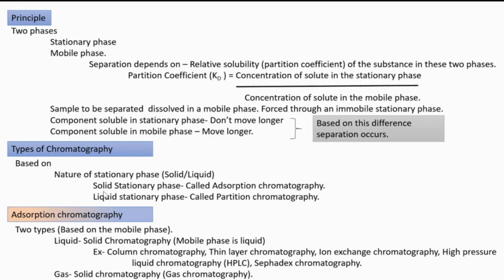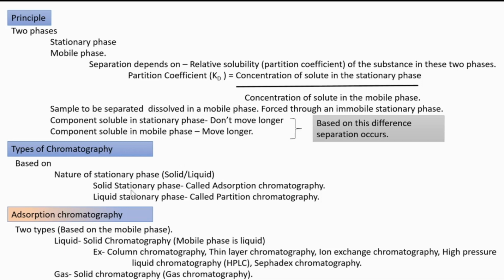First letter S, the stationary phase. Then the type of that chromatography, first letter A. For easy remembering, keep in mind SSA. S for solid, S for stationary, and the last A for adsorption.